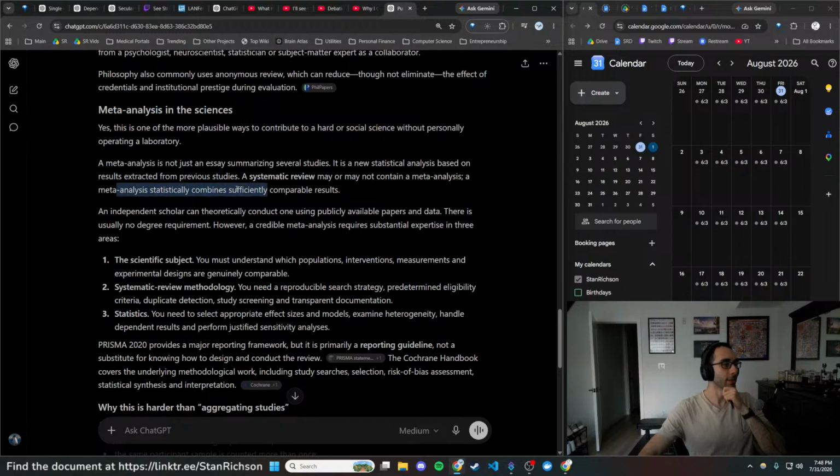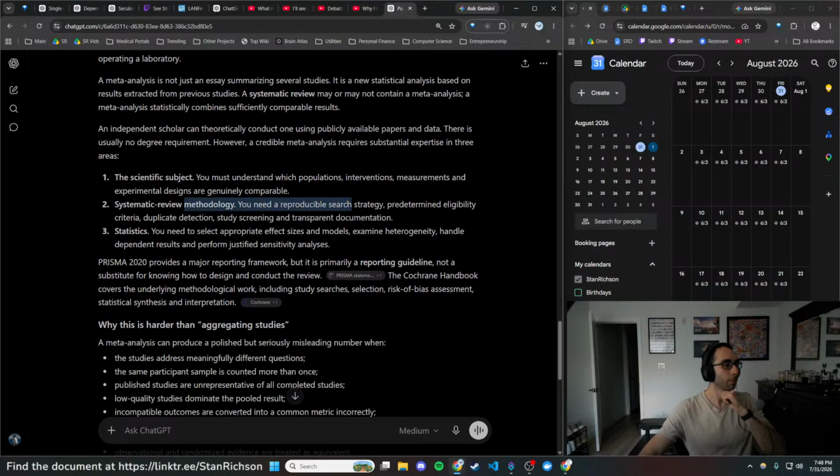A meta-analysis statistically combines sufficiently comparable results. Wow, so you could even get in more easily? Could you just do a systematic review then? You need a reproducible search strategy, predetermined eligibility criteria, duplicate detection.